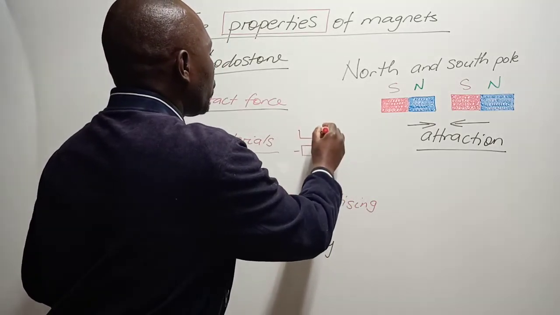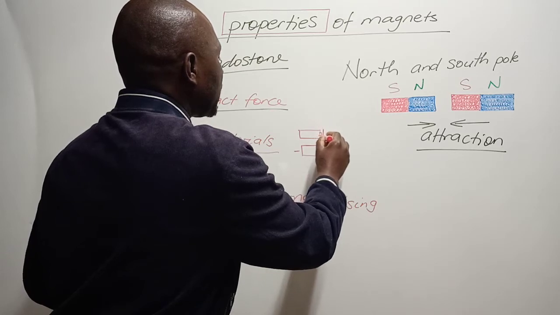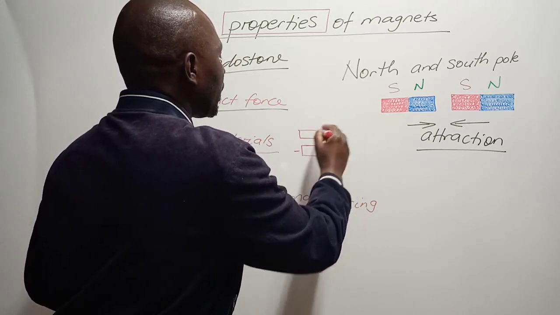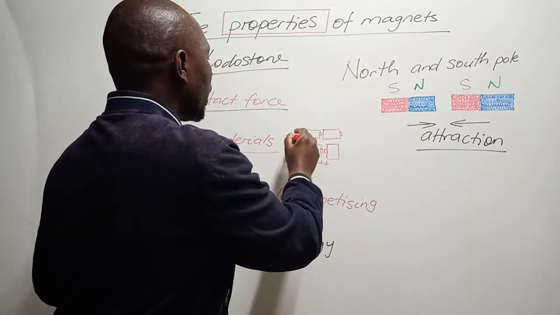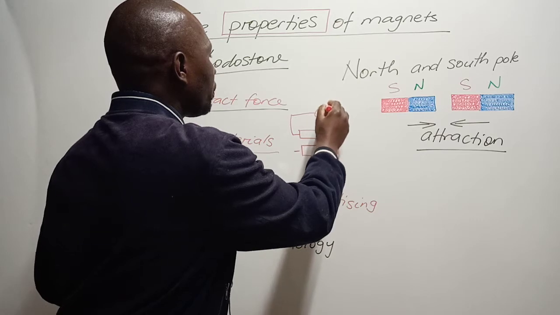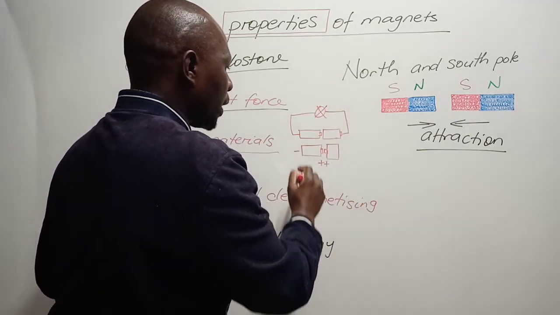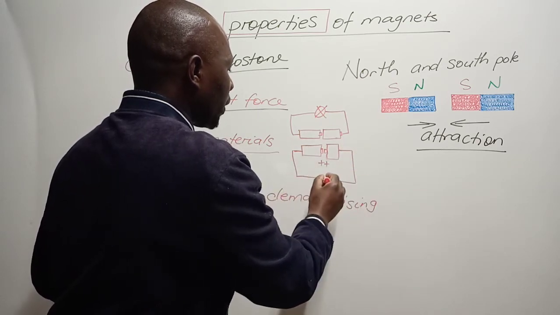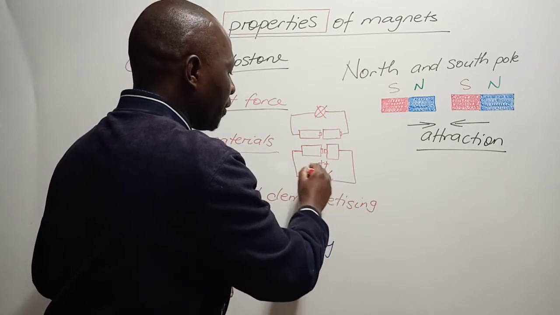But if you connect the batteries, the negative to the positive, electricity will flow. Even when you connect wires here and you put a bulb there, that bulb will come on. But if you connect wires on this one and you put a bulb, this bulb will never go on.